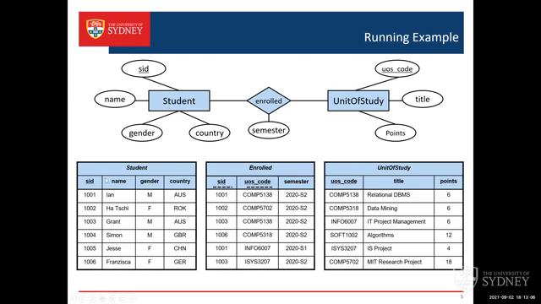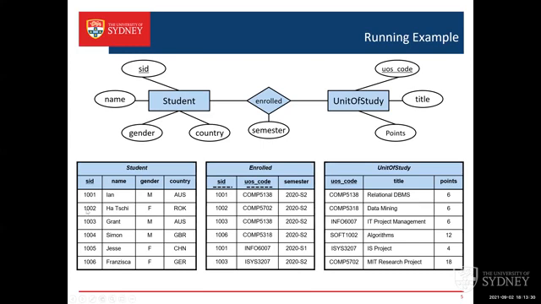The student table will have SID, name, gender, and country. The unit of study table will have UoS code, title, and points. And the enroll table will have the primary key from the student table, the primary key from the unit of study table, and its own attribute, which is semester. Some example values are there as well.